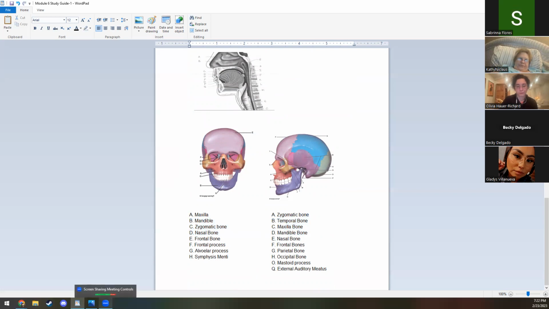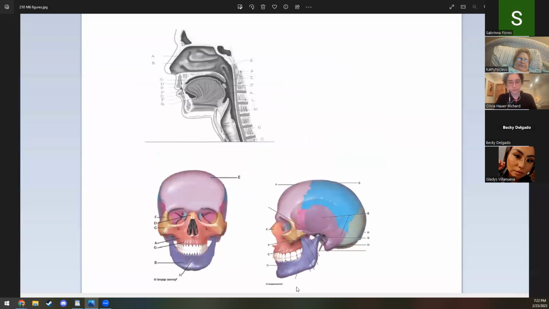But with this one, the figure that I showed you earlier, I erased all the ones that we did not have to label, because it was only A through H and then O and Q, right? Mm-hmm. Yeah, so I erased it, but I could send this to someone.